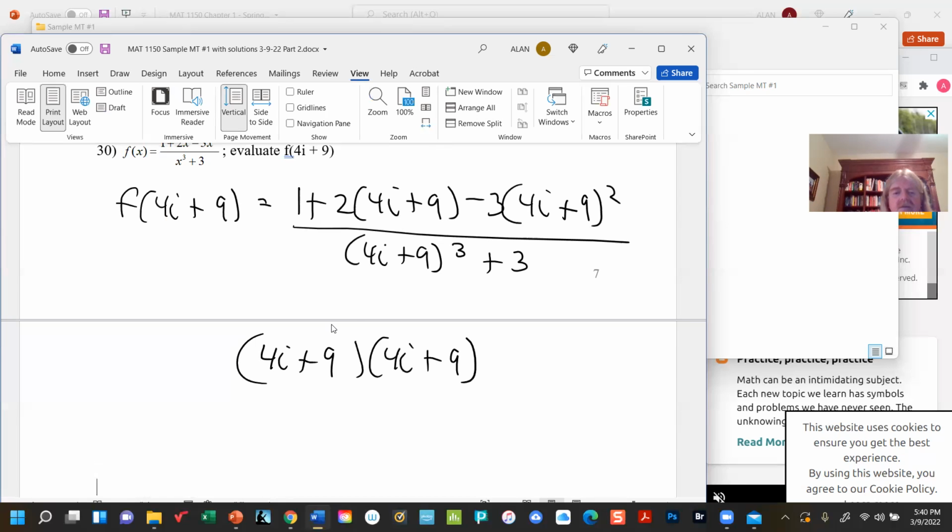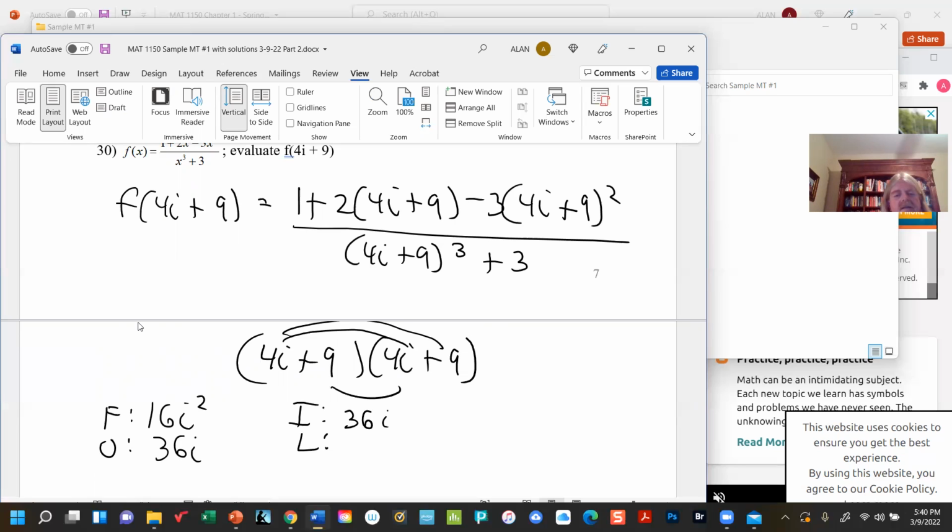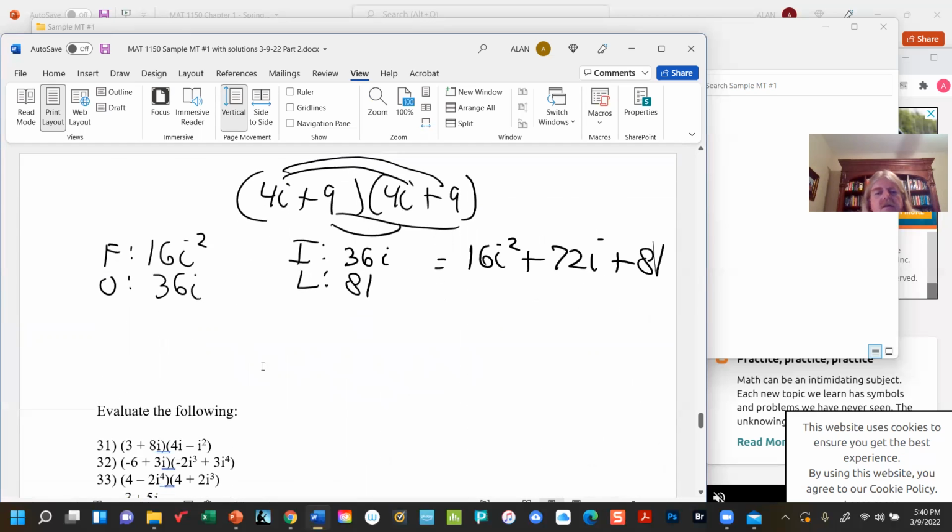All right, so if we do 16i squared, 36i, 36i again, 81. Actually, we don't need to split it any longer. Hold on. All right, so now, of course, we know that i squared is negative 1.